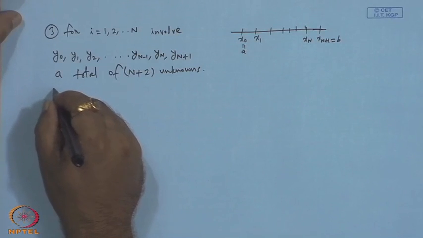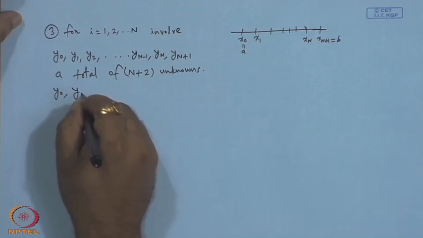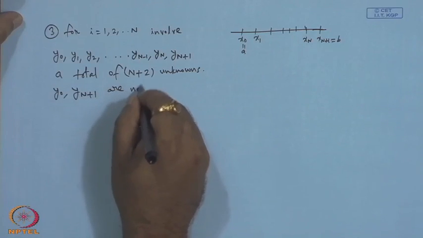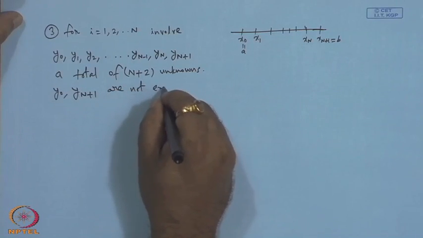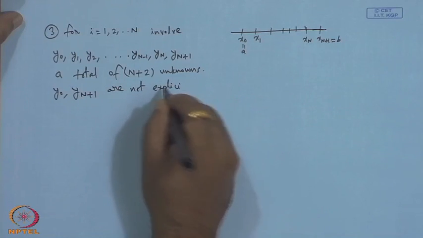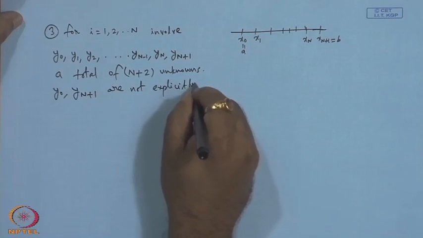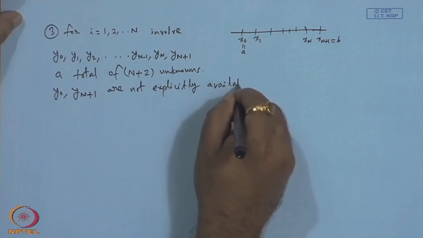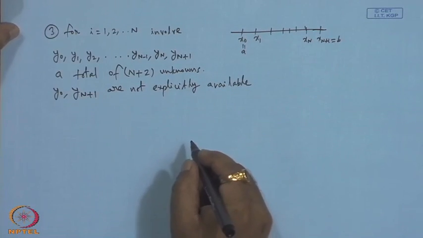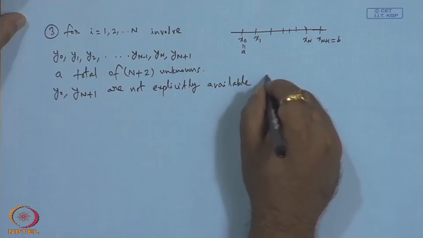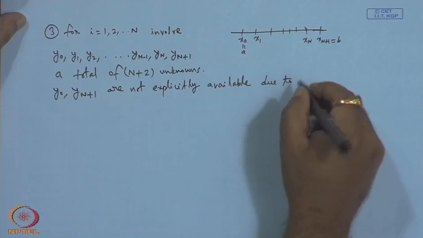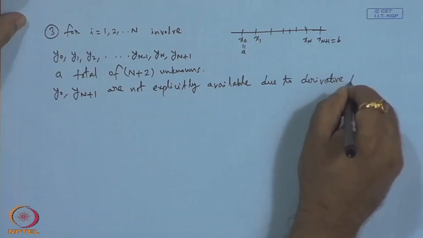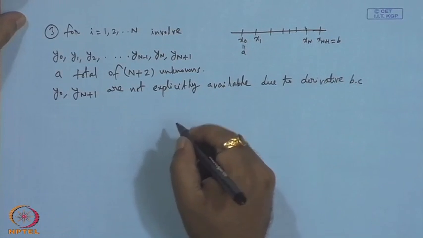Further, y n plus 1 is not explicitly available. This is due to the derivative boundary condition.